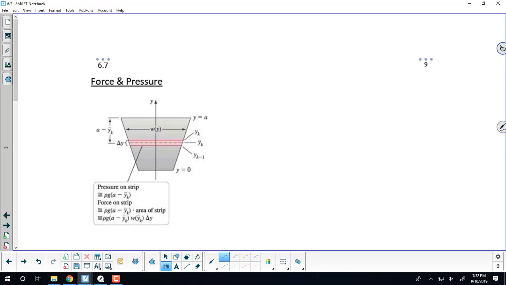We started out with a volume, and then we said you just integrate an area times a length, which gives us a volume. If we're looking for the pressure on this area, then we're going to think about area as the width times a length, and that's what we'll be integrating instead.